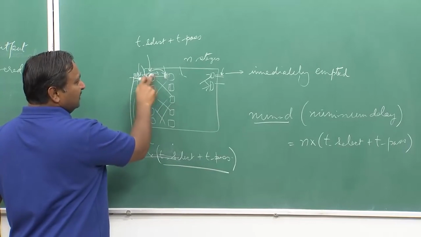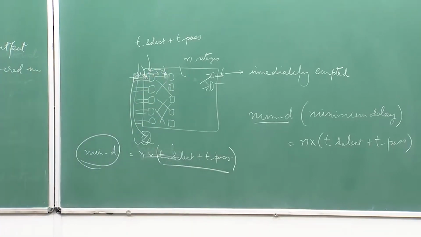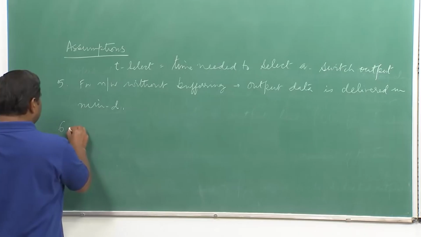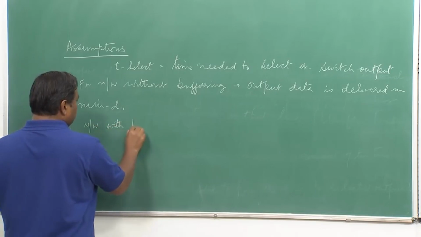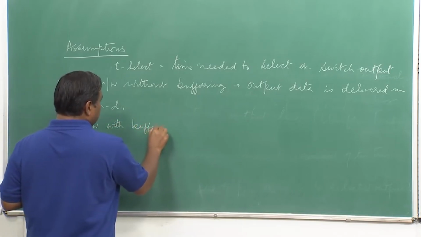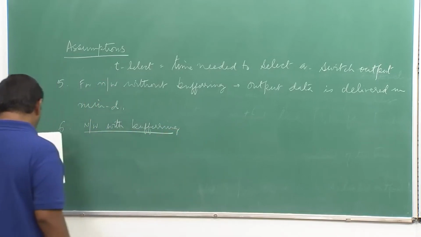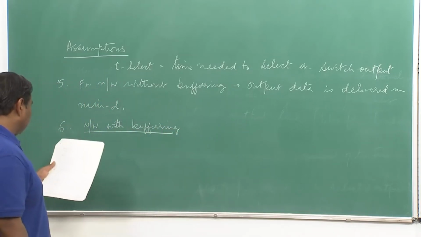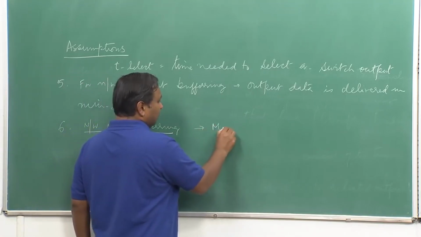It is only possible if this packet gets emptied, then the next packet can go in. So, this is for a network with buffering, and it can be modeled as a timed Petri net.